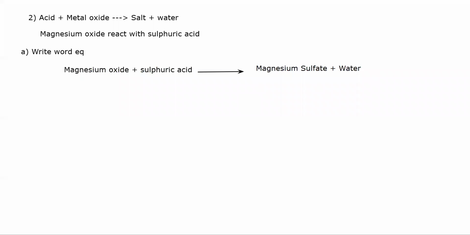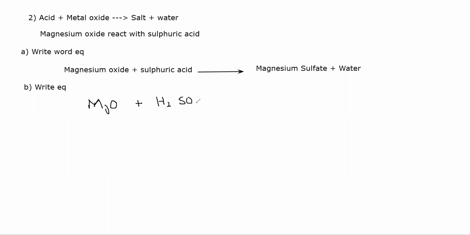That's the first thing. Second, if I say write equation for this, even if they say write equation, it means a symbolic equation. So if you want to write the equation, magnesium oxide, this we already discussed in the previous session. Magnesium oxide is MgO, H2SO4 is sulfuric acid.